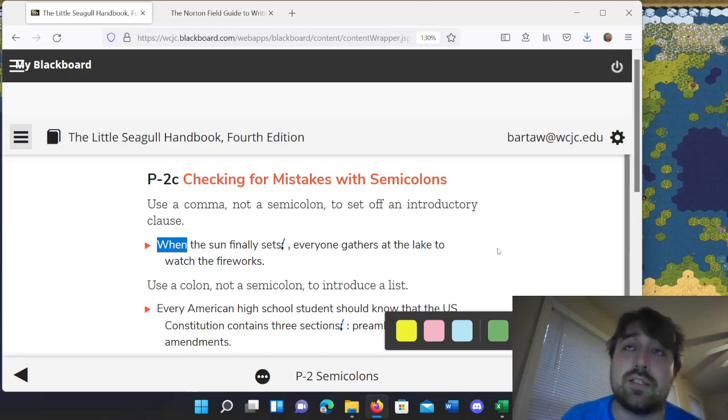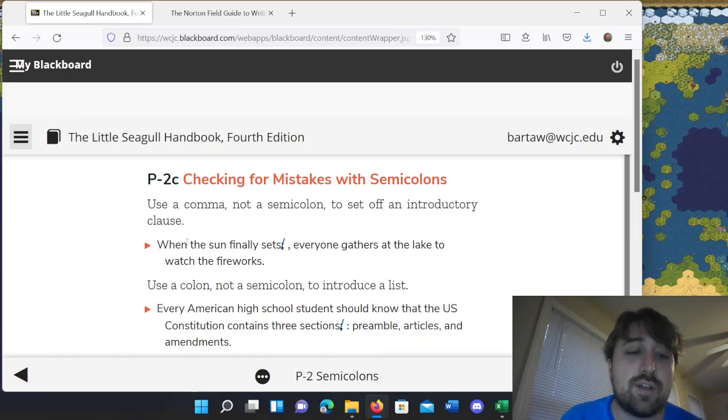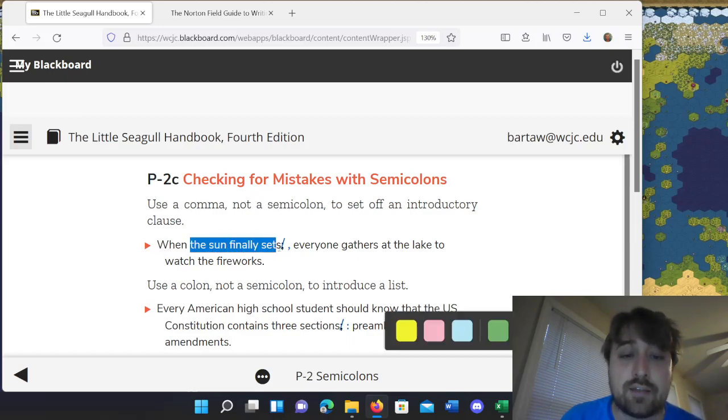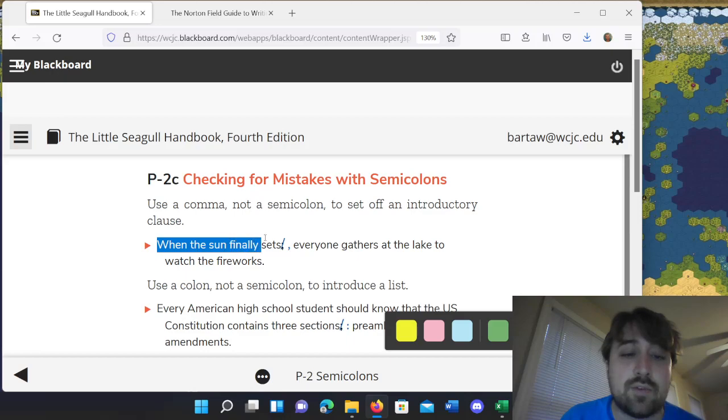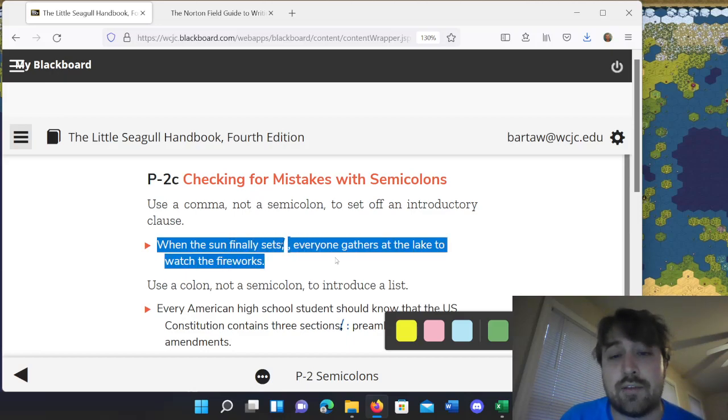We would set it off with a semicolon only if it was an independent clause. If the sentence read, the sun finally sets; everyone gathers at the lake to watch fireworks, that could work with a semicolon. But the way it's written, when the sun finally sets, comma, everyone gathers at the lake to watch fireworks, we want that comma there because it's setting off the introductory clause.